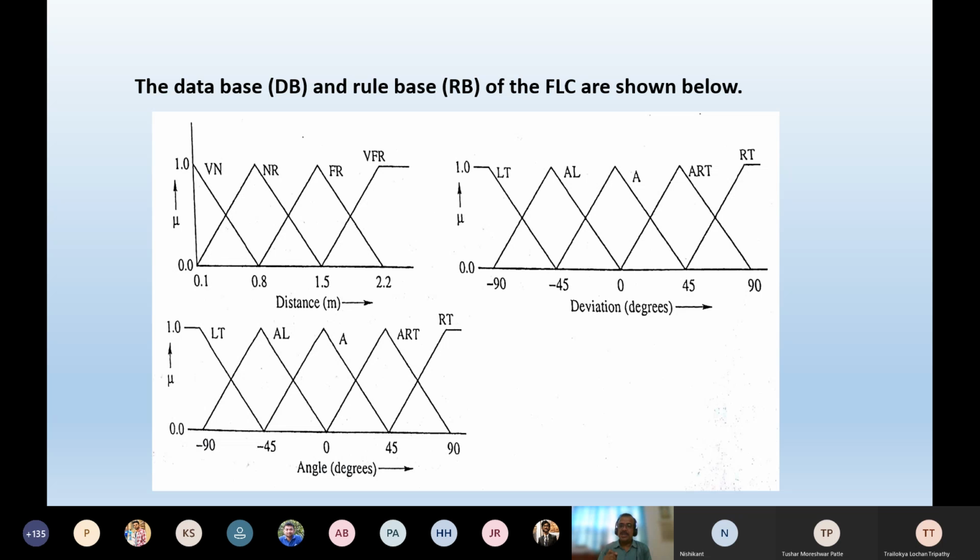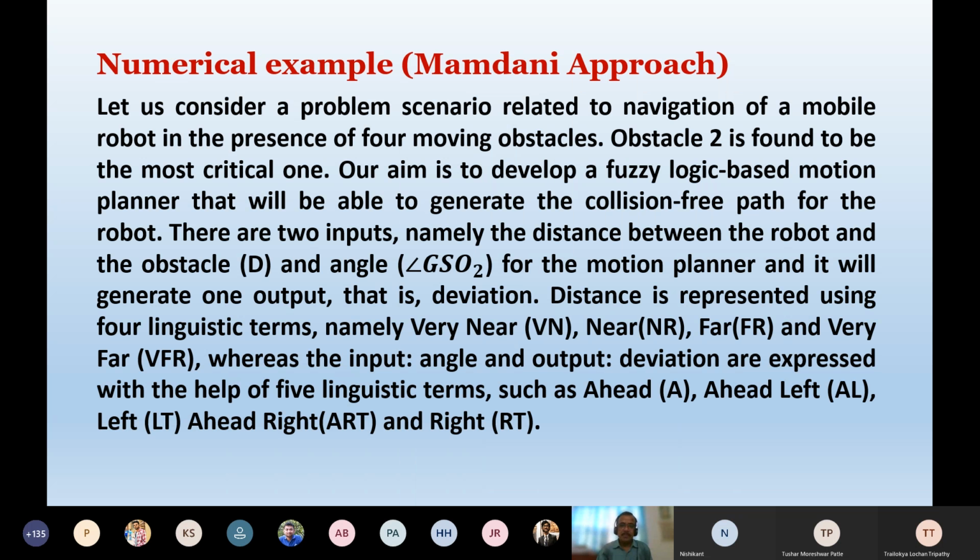So there will be 20 rules present in that particular rule base. I'm going to define that rule base also. And we can further optimize that rule base and make a very optimized rule base also. I'll be discussing all such things. But before that, let me finish this statement.